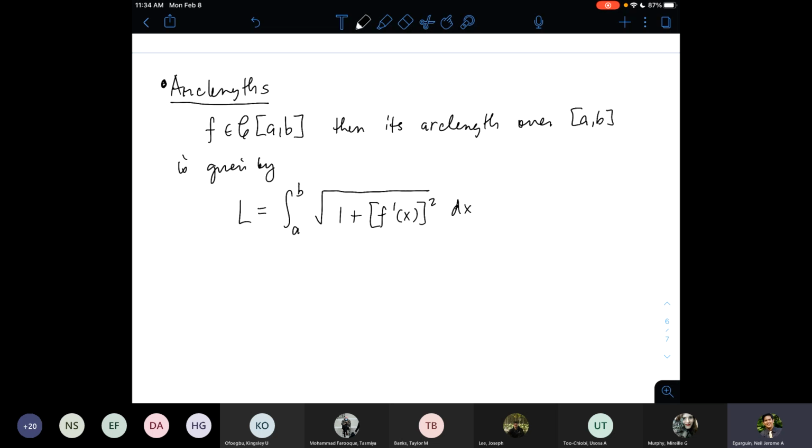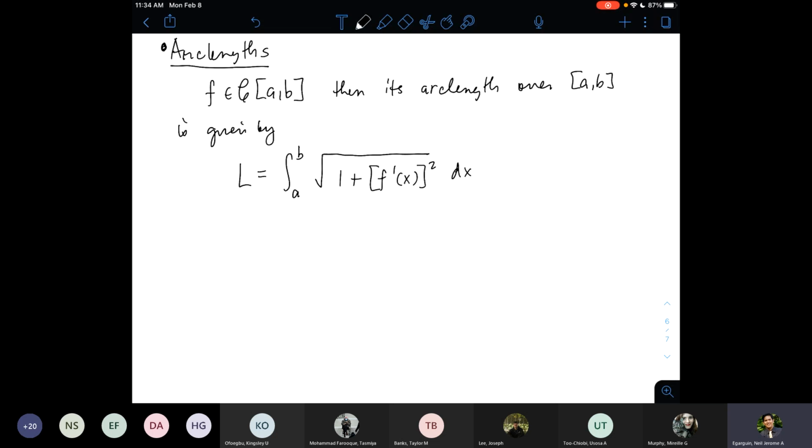Okay, and there's an analogous formula if your function is given in terms of y. You could do the integral from c to d of the square root of 1 plus the derivative with respect to y quantity squared dy. So that's perfectly fine. Let's solve some examples.